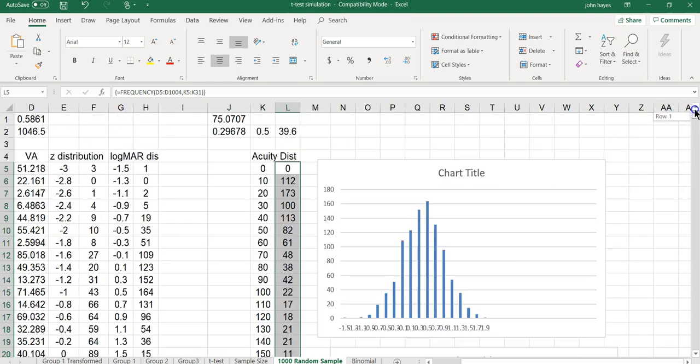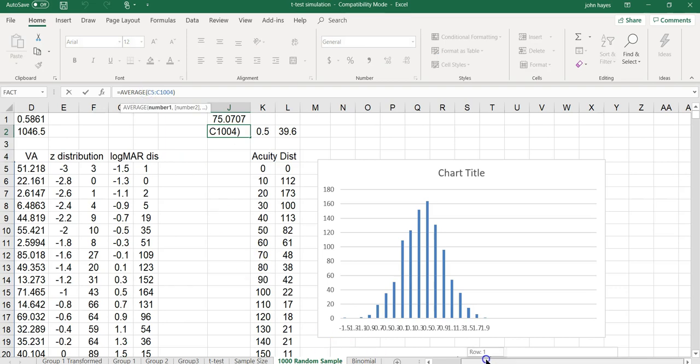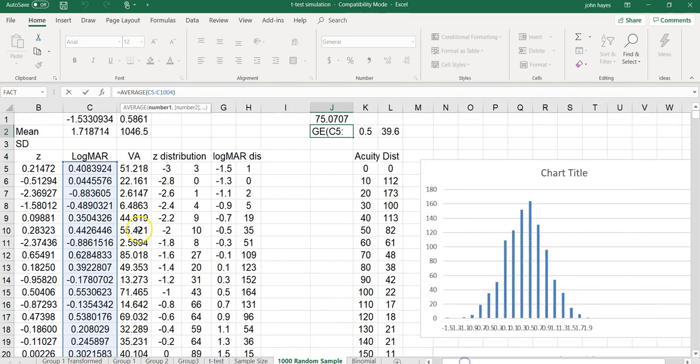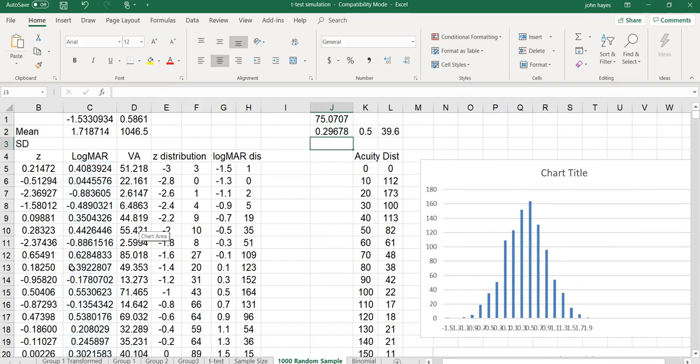Now let's take a look at this right here, which is the average of our logMAR values. And it's 0.29678. And if we take that value, 10 to the minus that value is 0.5, which is where we started from.